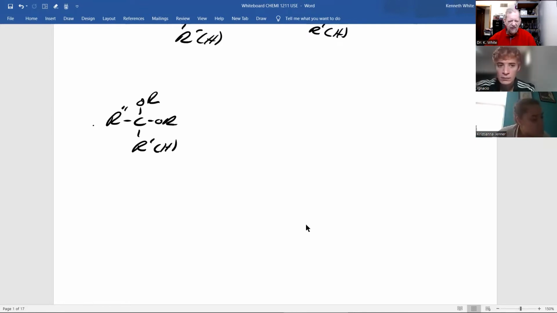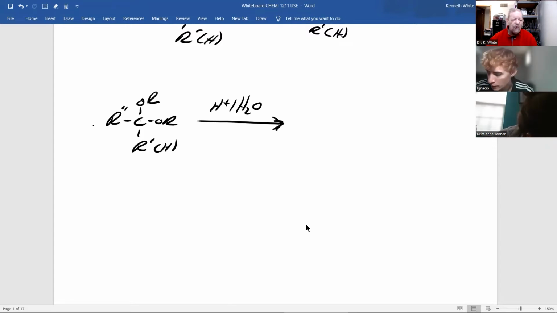And let's look at another reaction, similar. Now if we take this molecule and react it with acid and water, we have an acetal or ketal. And again, this is the only two places, the reaction before and this one, where you have two oxygens single bonded to the same carbon atom.